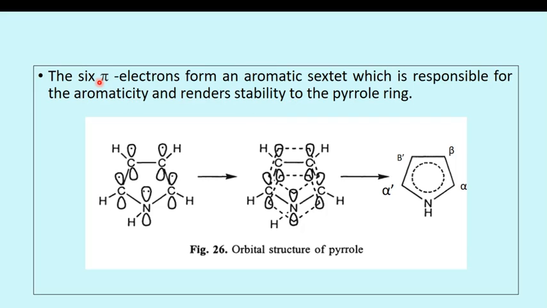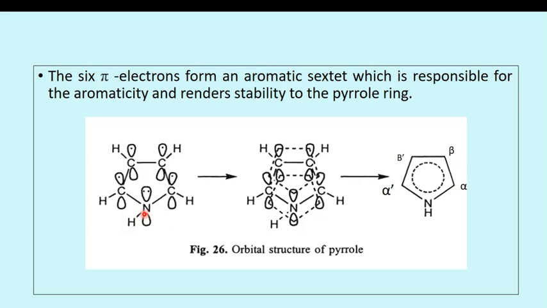So the 6 pi electrons, 1 on each carbon and 2 on nitrogen, are very important, because they form an aromatic sextet which gives aromaticity to the ring structure as well as stability to the pyrrole ring. So this is the overall orbital structure of pyrrole.